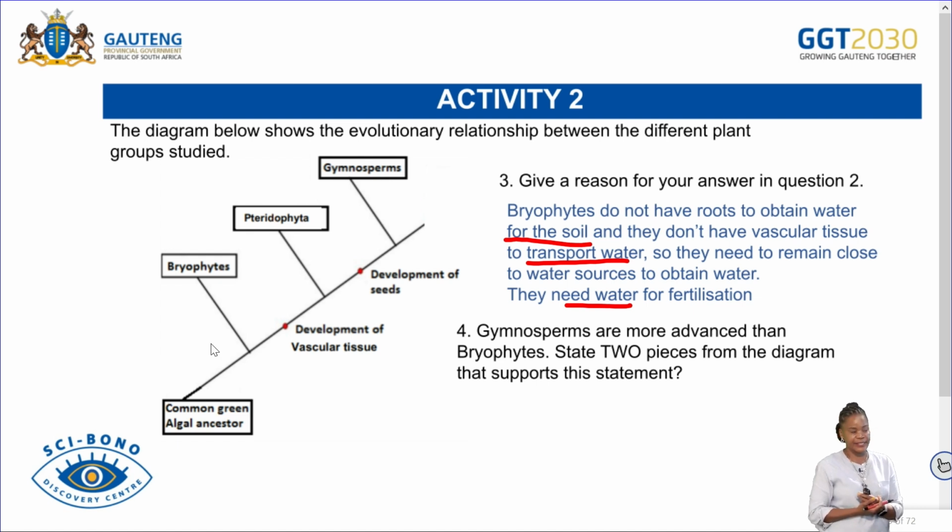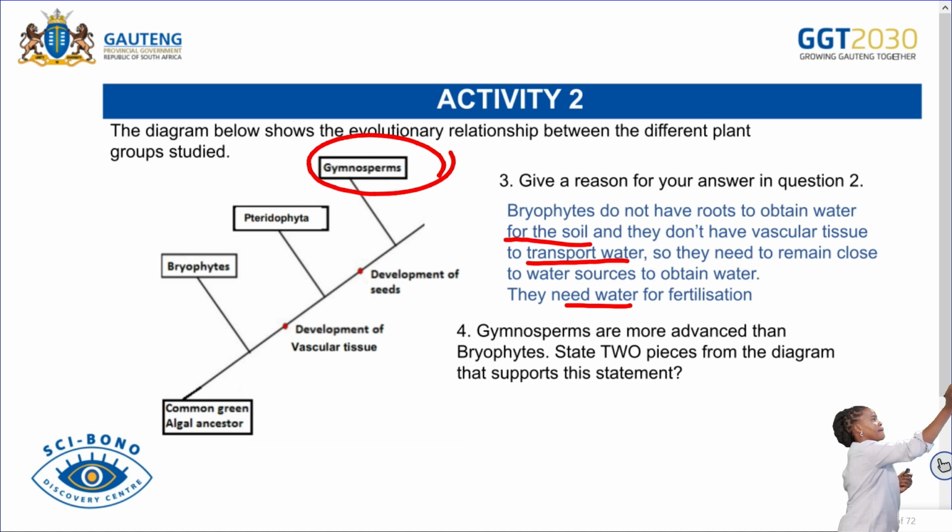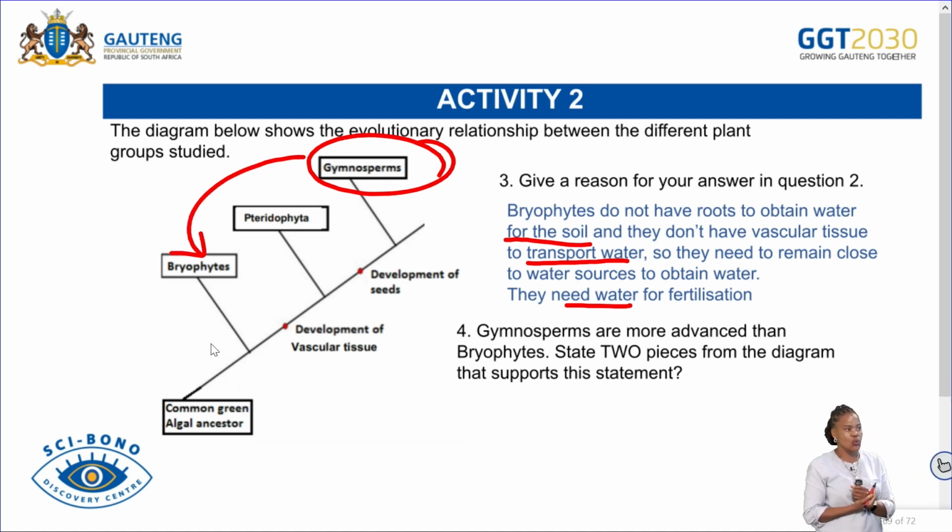And then again, they need water for fertilization. The fourth question on this diagram: gymnosperms are more advanced than bryophytes. State two pieces of evidence from the diagram that support this statement.